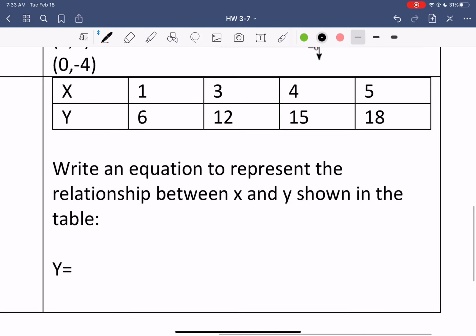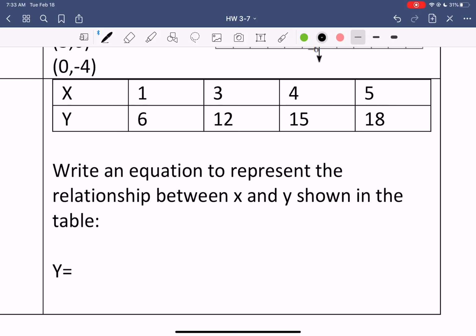Okay, this says write an equation to represent the relationship between x and y shown in the table. All right, so first we can use our slope formula, m equals y2 minus y1 over x2 minus x1, to find our slope.